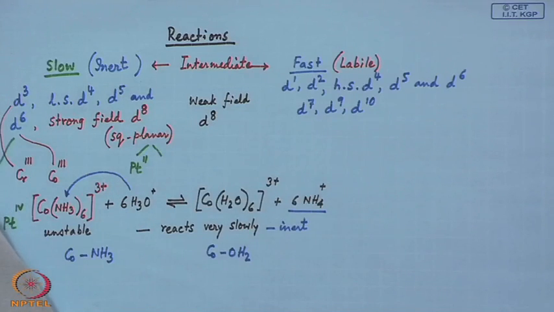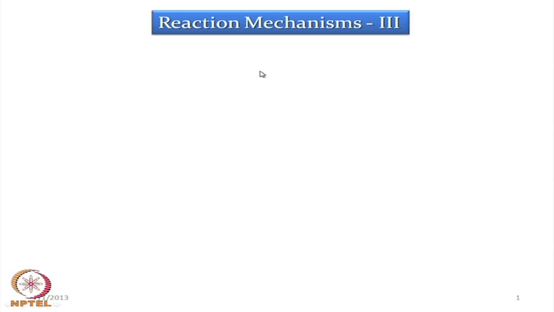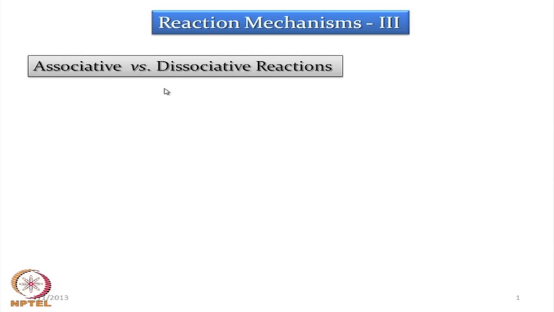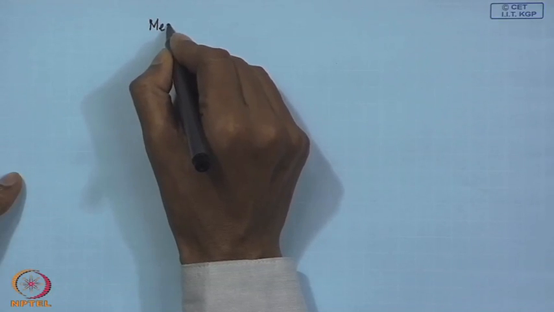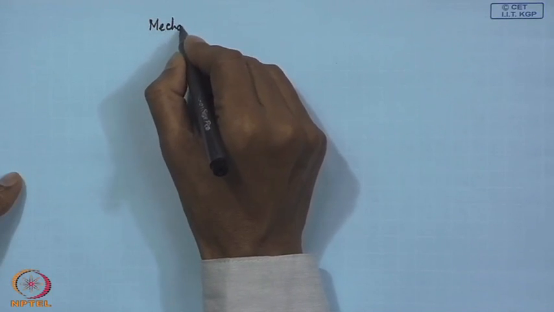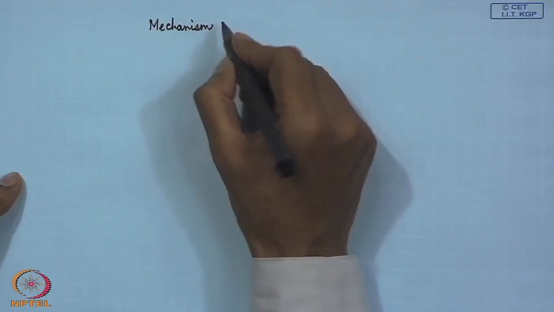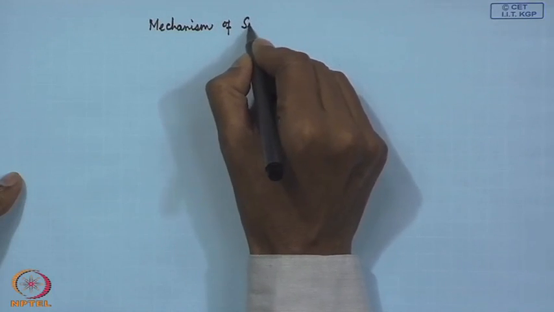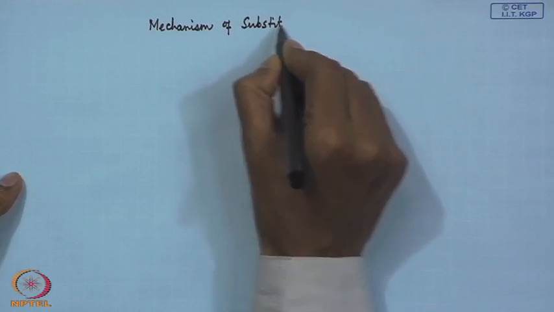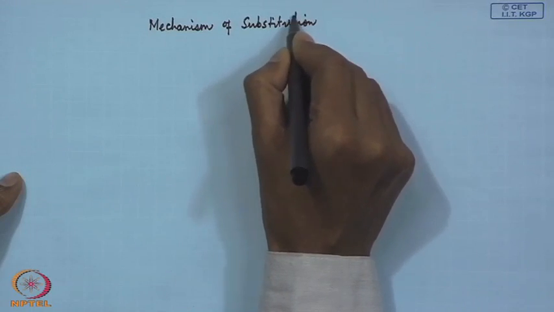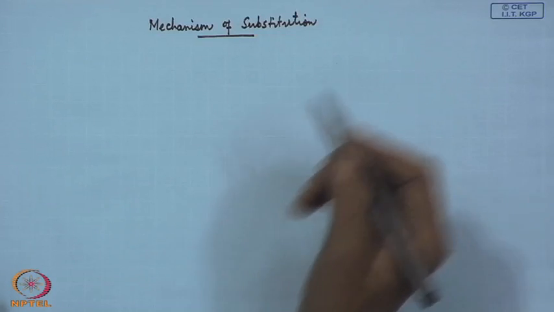What we will see is that during these reactions we can have two different types of reactions. One is associative, another is dissociative. Whatever we are talking about here is the mechanism of substitution.